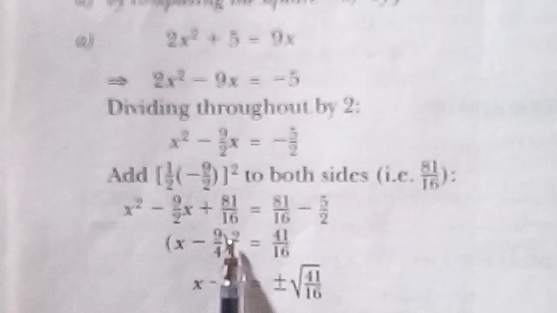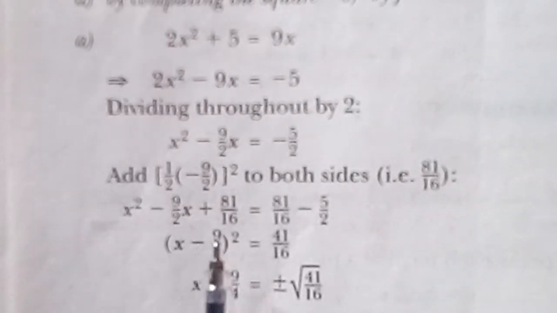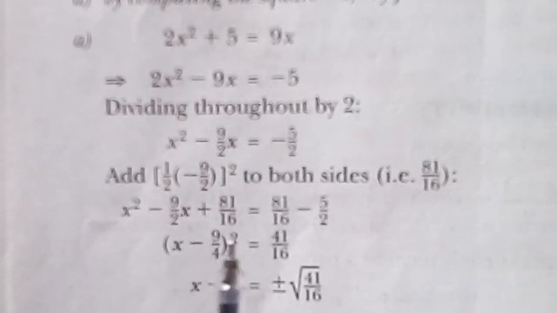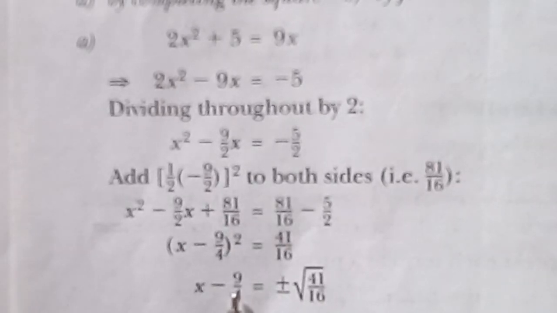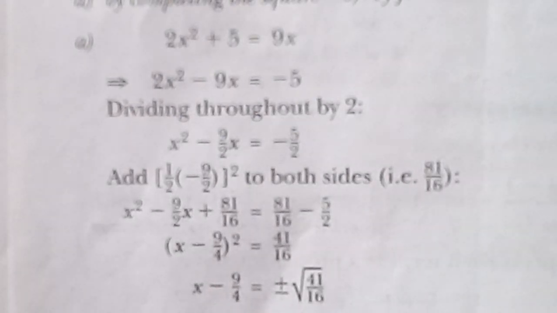Now to remove the square, we take the square root of both sides. When you square root both sides, x minus 9 over 4 equals plus or minus root 41 over 16.